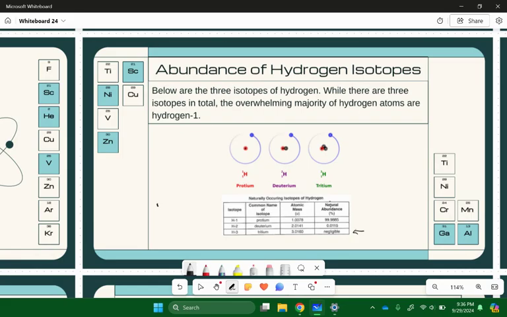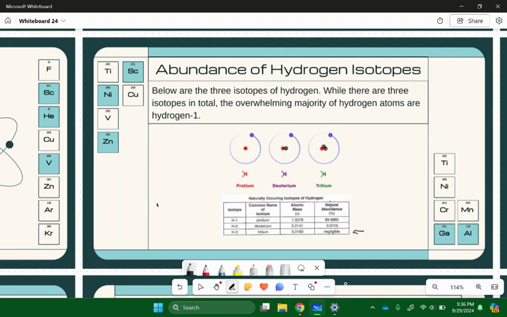So here's an example of what I'm talking about. So here we have the three isotopes of hydrogen. So we have hydrogen 1, hydrogen 2, and hydrogen 3. Now, hydrogen 1 is commonly called protium.